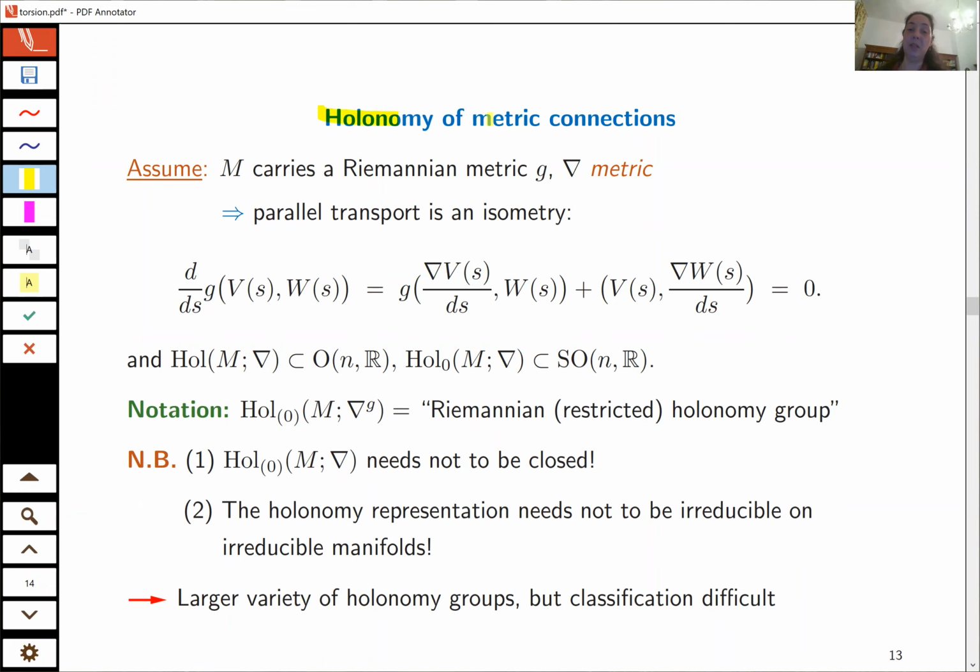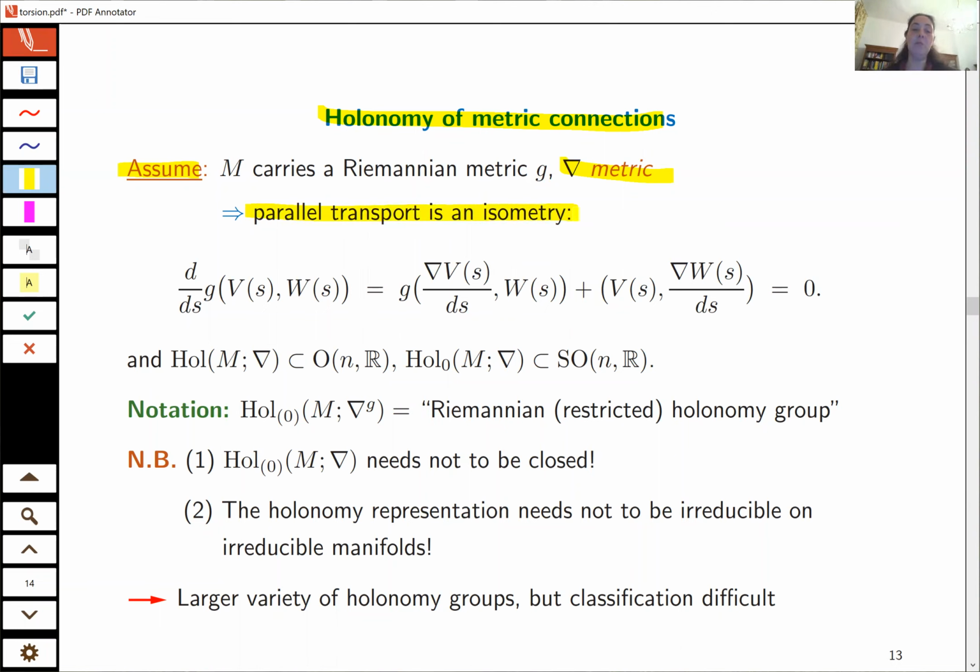So if we continue thinking about classical holonomy concepts, the definition of holonomy group would be correct for any connection. Now I assume in addition that the connection is metric. What does it actually mean to be a metric connection? It means that parallel transport is an isometry.